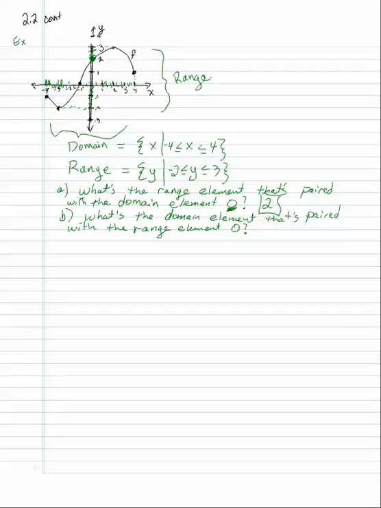So the range element is the y value, right? So the y value is here on the x-axis. I can see that this point is -1, 0. So the x-coordinate, or the domain element, that's paired with y is 0, or the range element is -1.